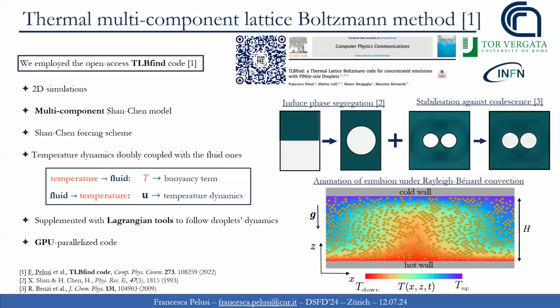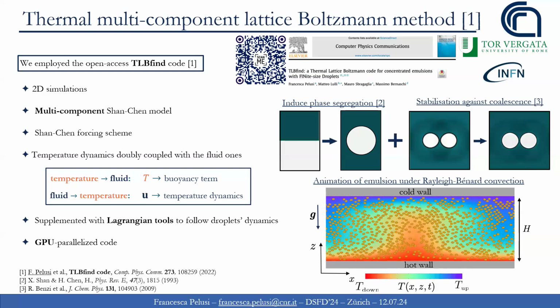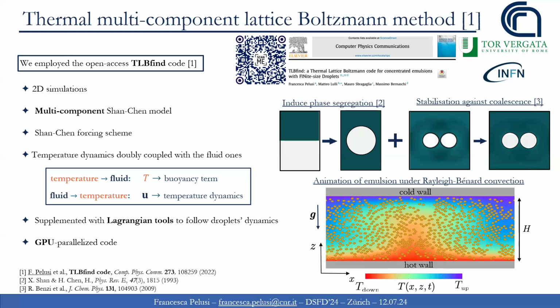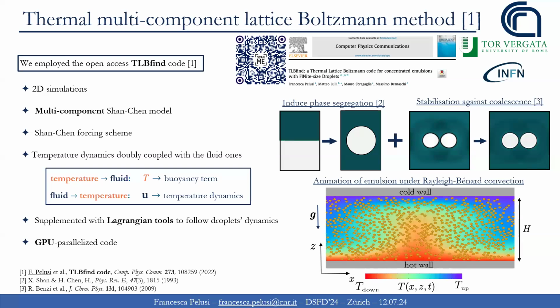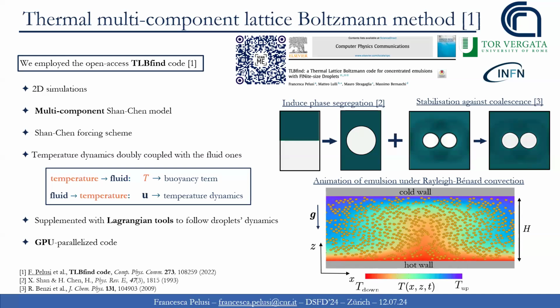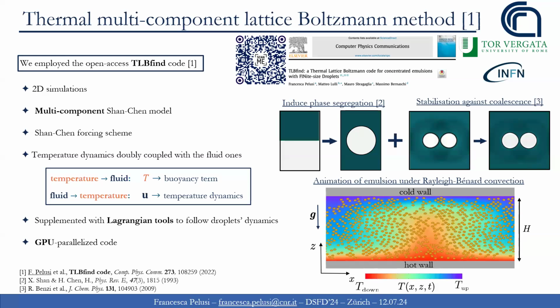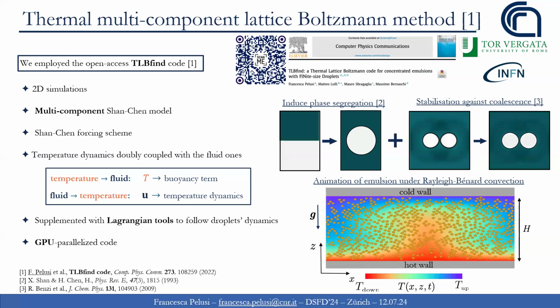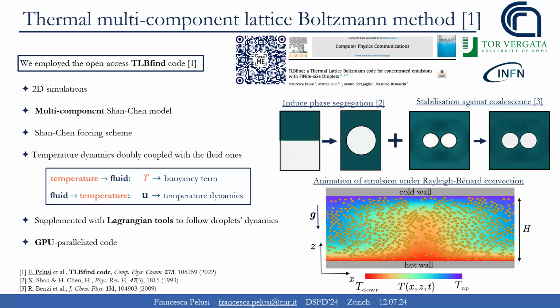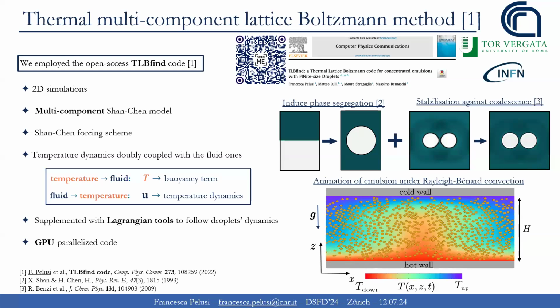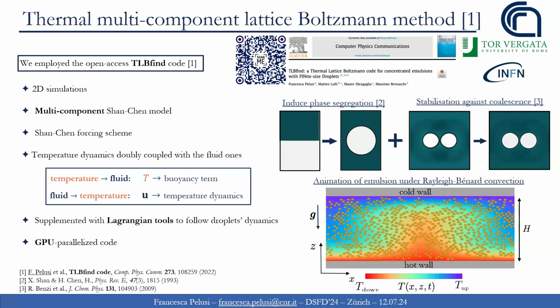So unfortunately, these two videos don't work on this laptop here, but the point was that only by introducing this mimicking of the presence of surfactants can you stabilize the emulsion and go towards very large values of the droplet concentration. Otherwise, you will have at the end just one single big droplet. So it was extremely necessary.